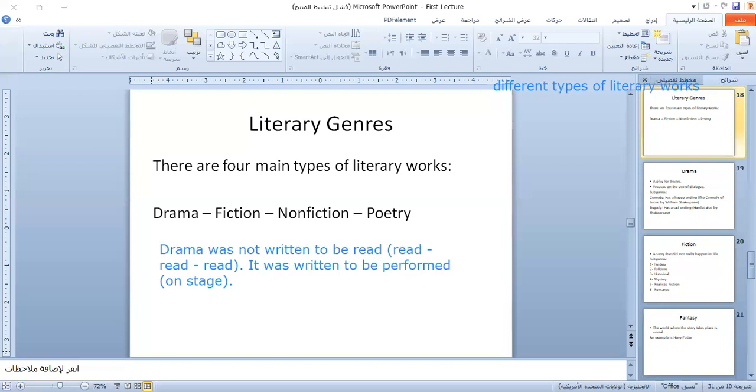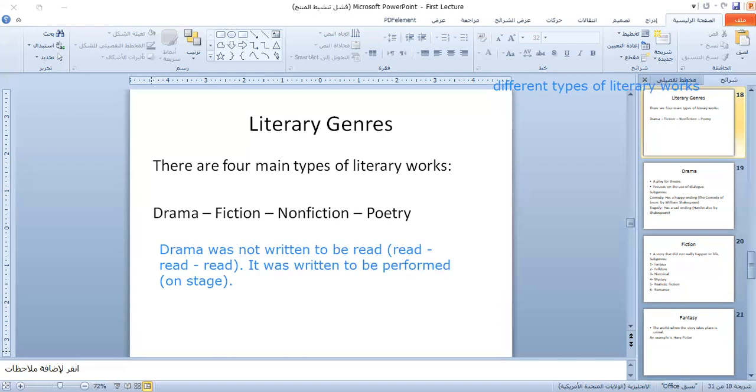But in order to understand what fiction is, we need to know what nonfiction is. If I go to a school and I walk into a classroom, and I ask the students to show me their curricula, to show me the books that they're reading this semester as part of their history class, English class, science class.